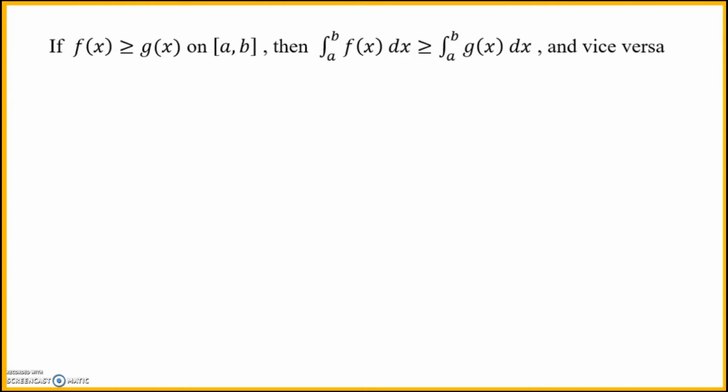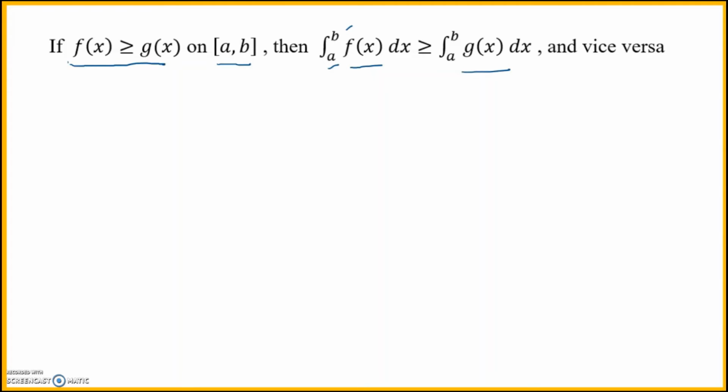Number 6, let's say we have two functions, f(x) and g(x), and f(x) is always larger than g(x) on the interval a to b. Then the integral of f(x) in the interval a to b will be larger than the integral of g(x) from a to b.